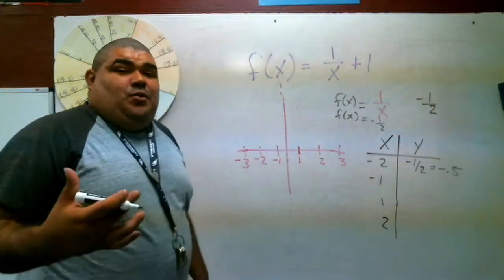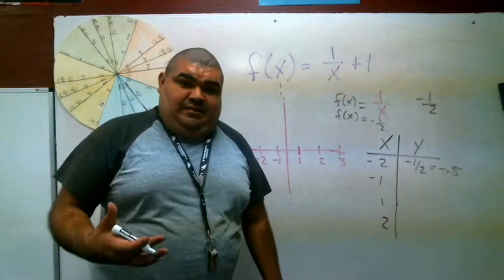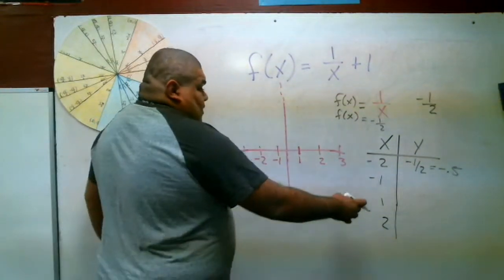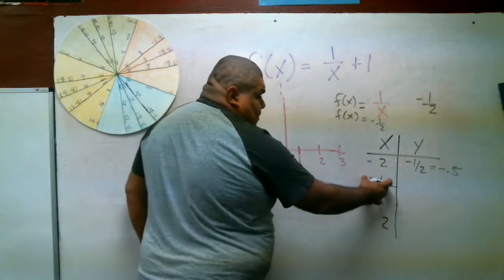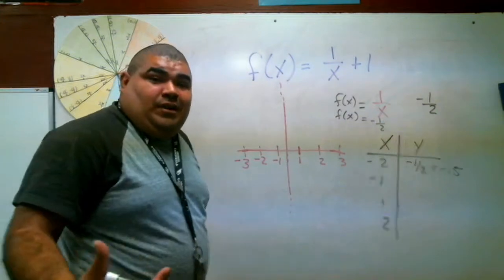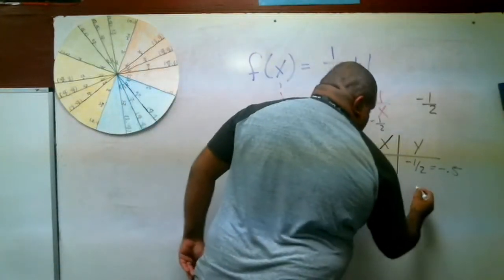If you're better with decimals, that is fine. Either one is correct. Now we're going to plug in -1 in this case. 1 divided by -1 is -1, because it's positive and negative.